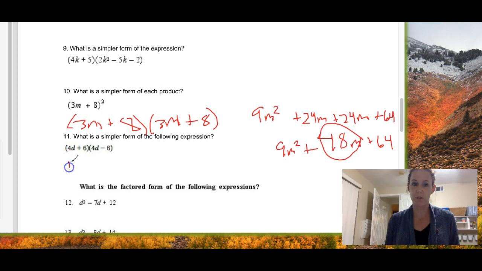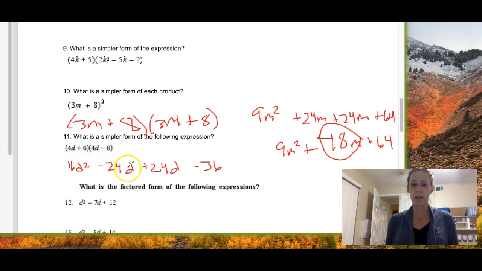Multiply the first terms, you're going to get 16d squared. Outer is going to give you negative 24d. Your inner term is going to give you positive 24d. And then your last terms, negative 6 multiplied by positive 6 is going to give you negative 36. So when I FOIL this out, I'm going to get the difference of perfect squares.